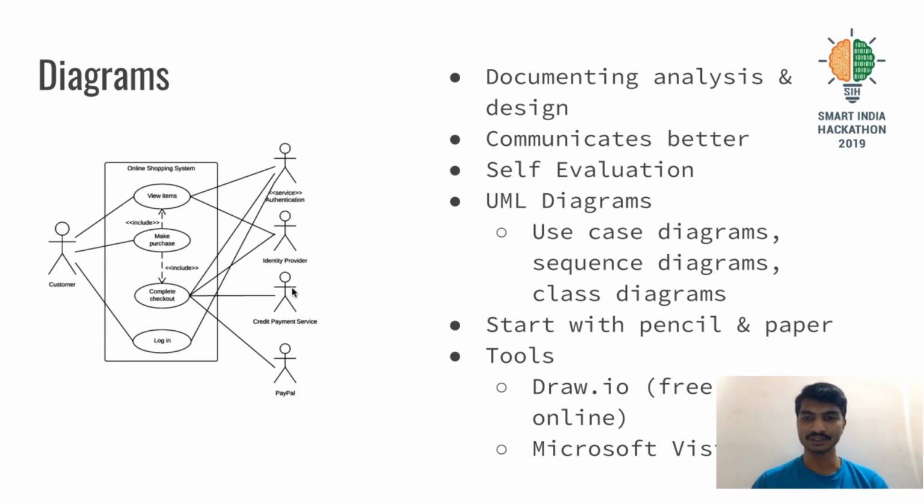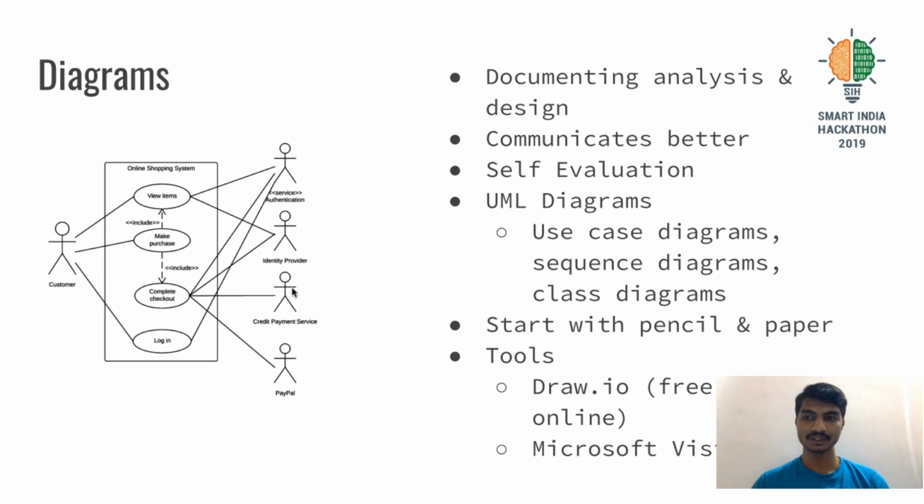It can be very quick, and you can just draw it, erase it and then redraw it. It's very useful when you start with pencil and paper, but it cannot be effectively communicated, transferred or documented, so we may need to document it in a better way.